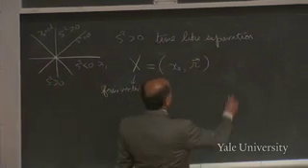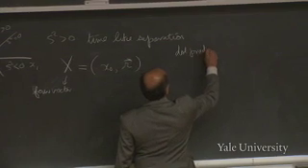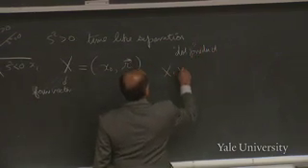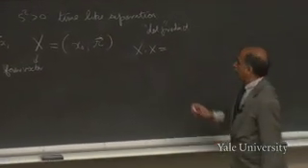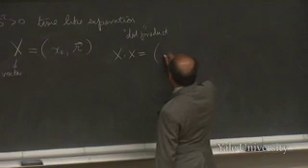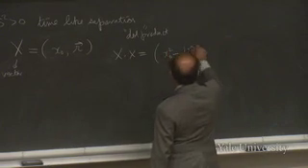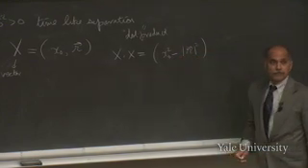Then we are going to define a dot product. It's going to be a funny dot product. It's going to be called x dot x. The usual dot product was the sum of the squares of the components. But this funny dot product will be equal to x0 squared minus the length of the spatial part squared.